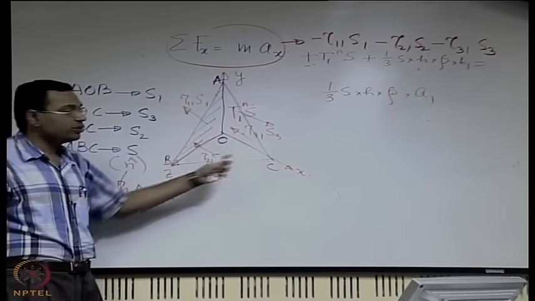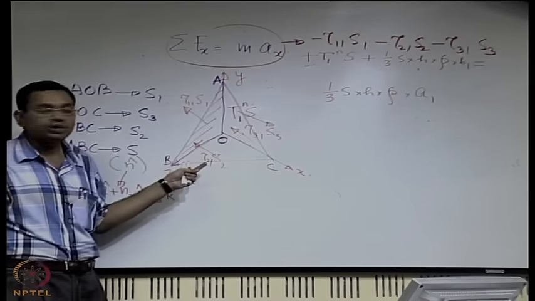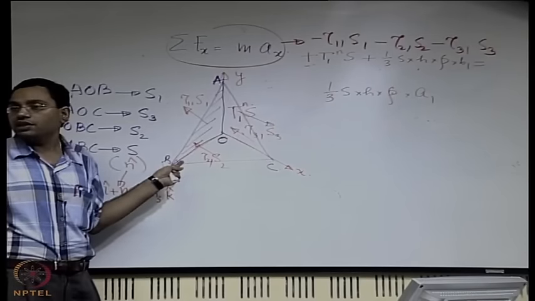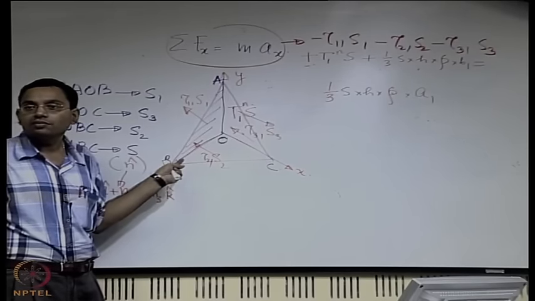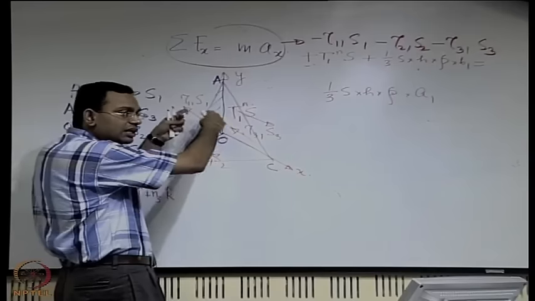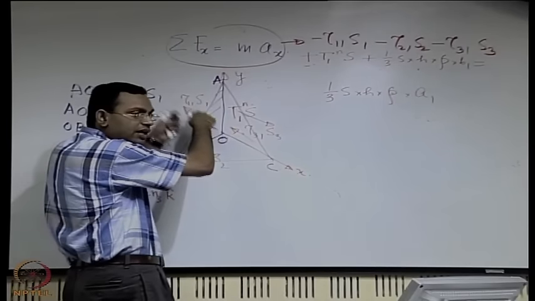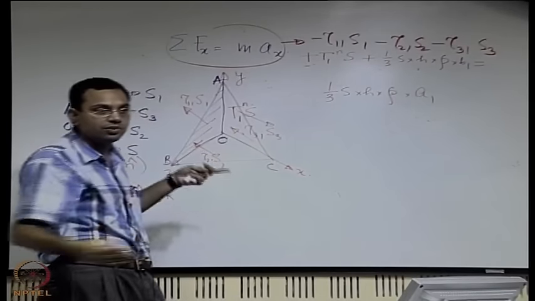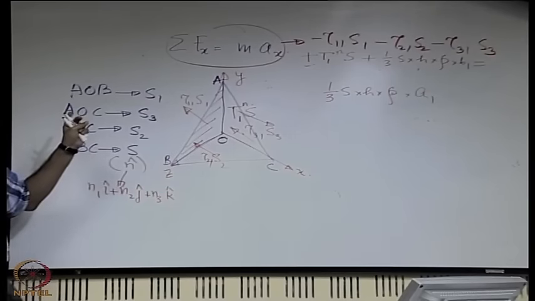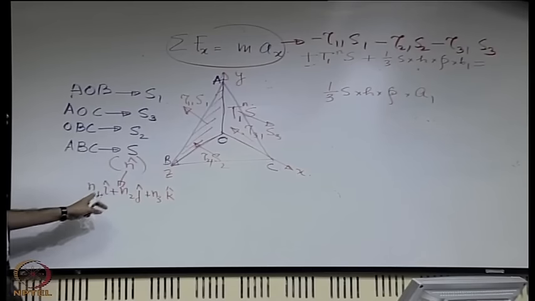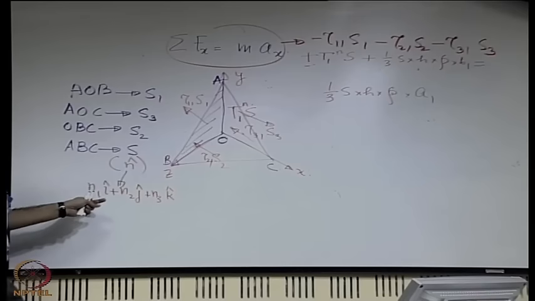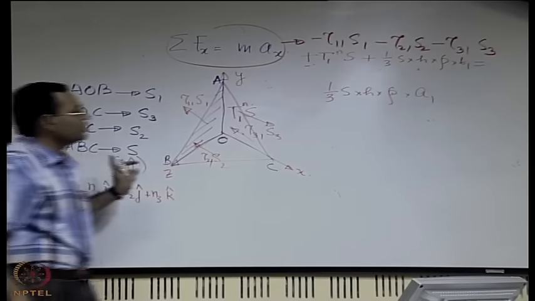ABC has unit vector in the direction of n, AOB has unit vector in the direction of minus I. But obviously here the plus minus you are already taking care of through this sign convention, so you are not duplicating it once more. So the dot product of those two directions will be n1.